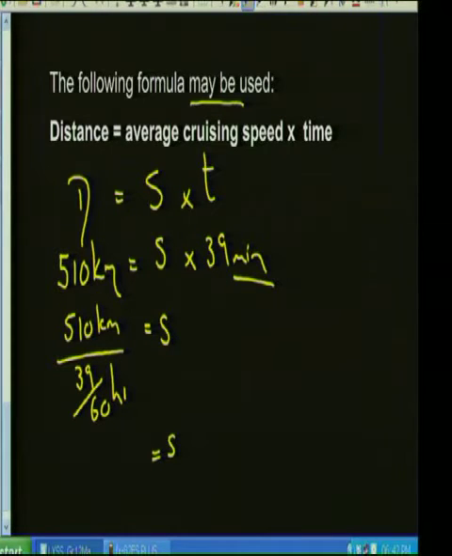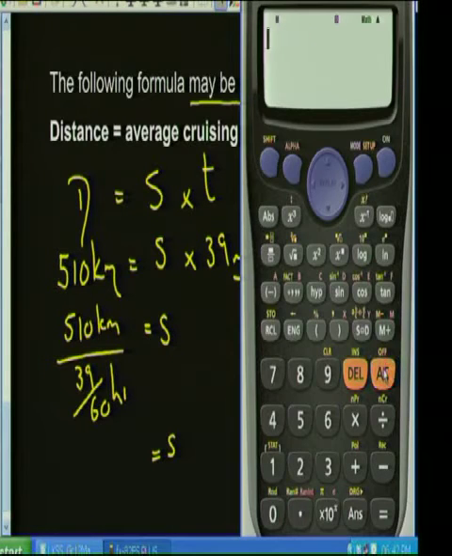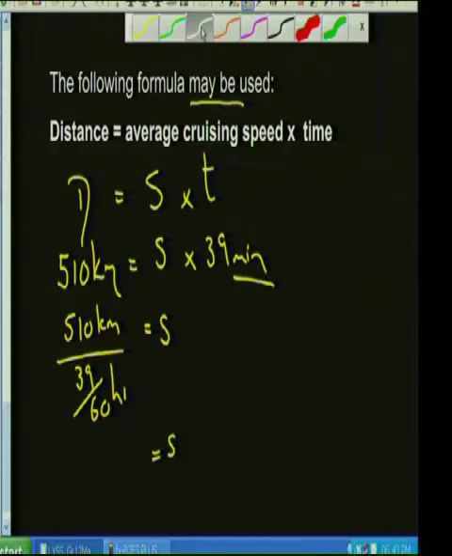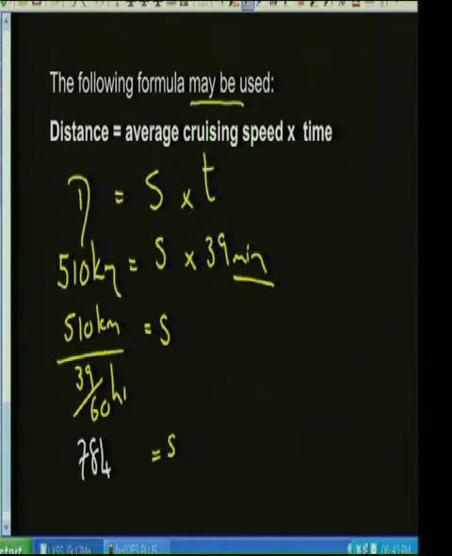Well, out comes my calculator again. And we're going to say, right, fraction button. We got 510 over, and we got another fraction at the bottom there, 39 over 60. And our speed now is going to be, look at that, 784,62. 784,62 what?